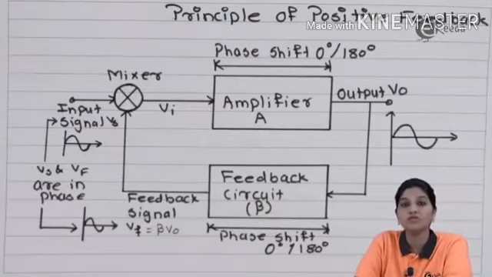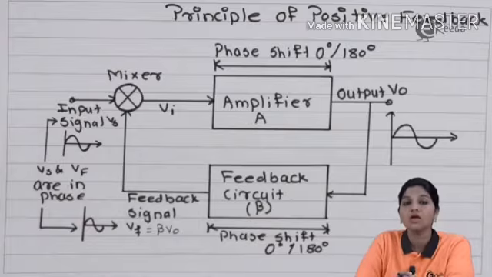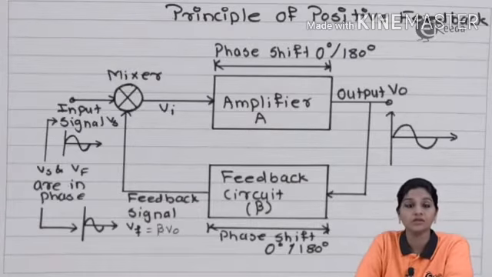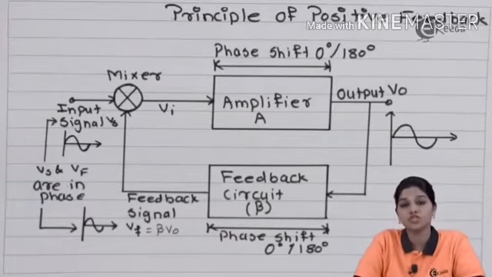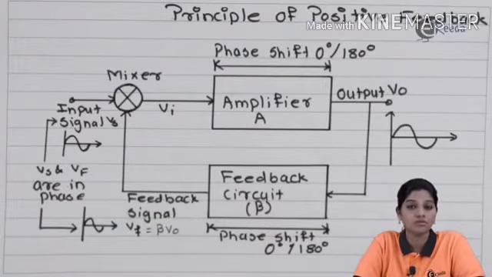Now Vf is equal to beta times the input signal applied to the feedback network. The feedback network also introduces a phase shift of 0 degrees, and therefore when we compare the feedback signal and the input signal with respect to each other, we will come to know that they are in phase with respect to each other.